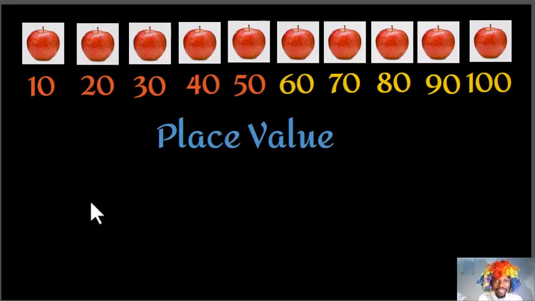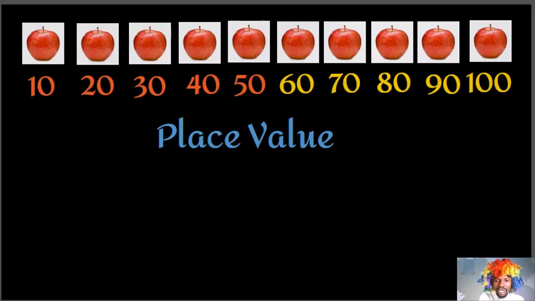Now, digits are each of these numbers that come together in a number. Yes. So we're saying that place value is the position a digit has in a number.